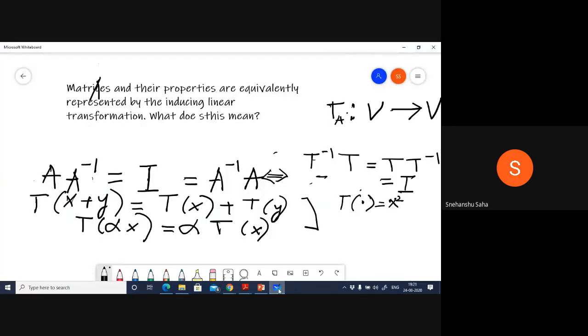However, let's go back to what we have been discussing. Let's forget that for a moment, and let's focus on this. Why is this particular structure of linear transformation appealing? And why should we be working with this particular structure of a linear transformation?